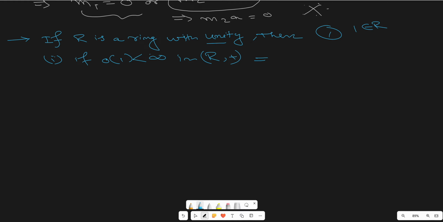This will imply that the characteristic of ring R is the order of 1. If the order of 1 is finite, then the characteristic of the ring is the order of 1.